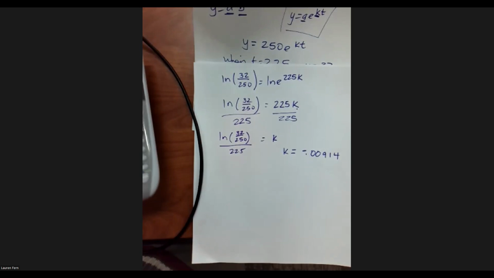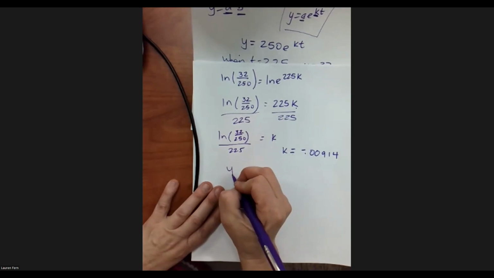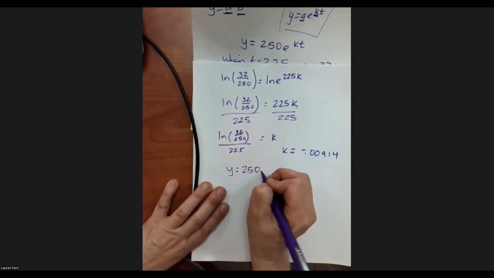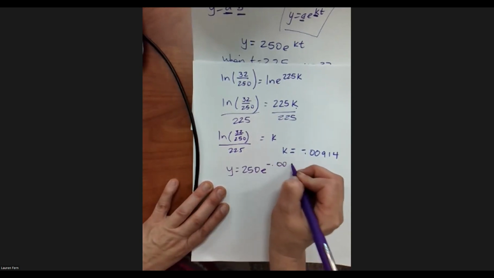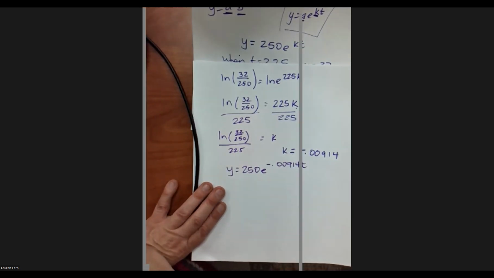Doesn't it make sense that we got a negative value for K? Yep, because we're decaying. So I now have the equation of this exponential function. Wasn't that fun?